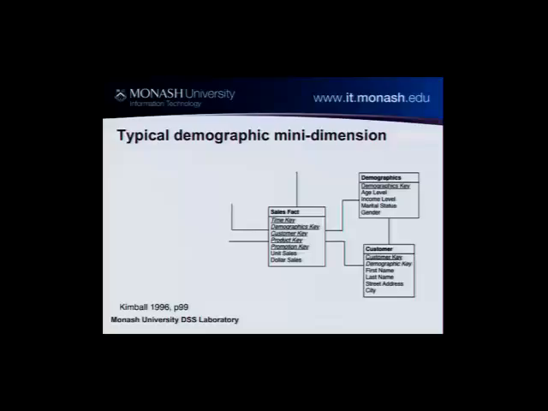Yes? So the mini dimension is the concept that we can split some very large dimension table into two separate dimension tables, which can facilitate... Yes, but don't get hung up on the idea that you're splitting up a dimension table. What we're doing is adding an extra primary key into the fact table to allow us to analyse the fact table by this primary key.